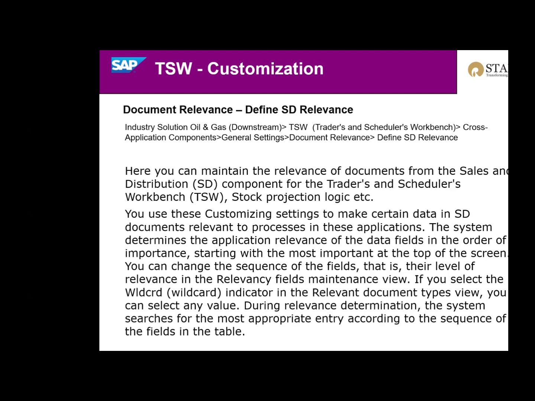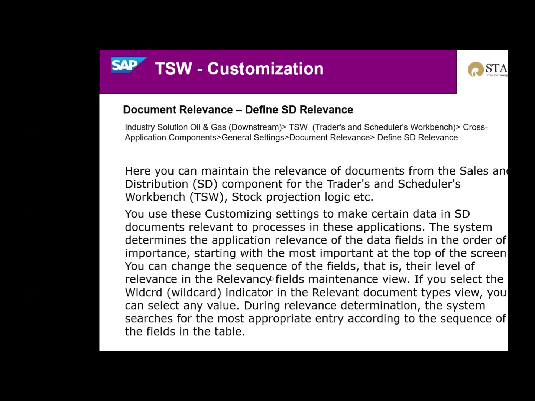So when you select these fields, then this will be copied or checked while doing the nomination and ticketing. The system determines the application relevance of the data fields in the order of importance, starting with the most important at the top of the screen.